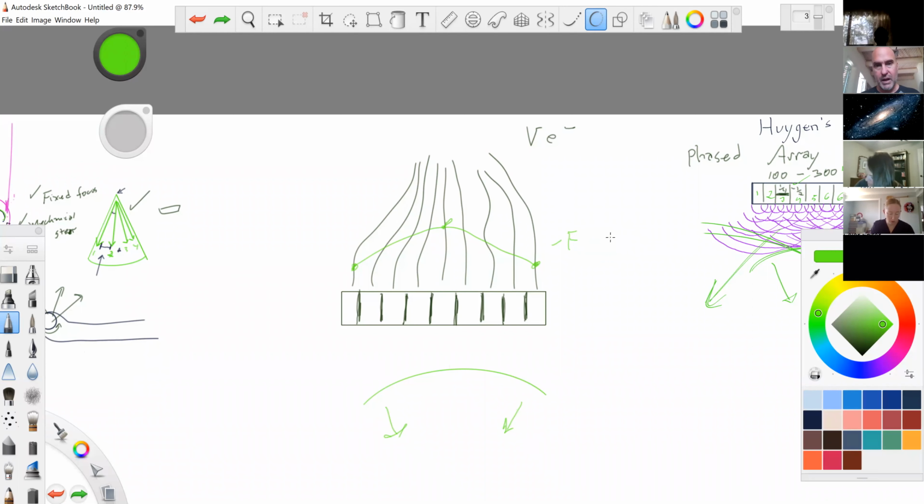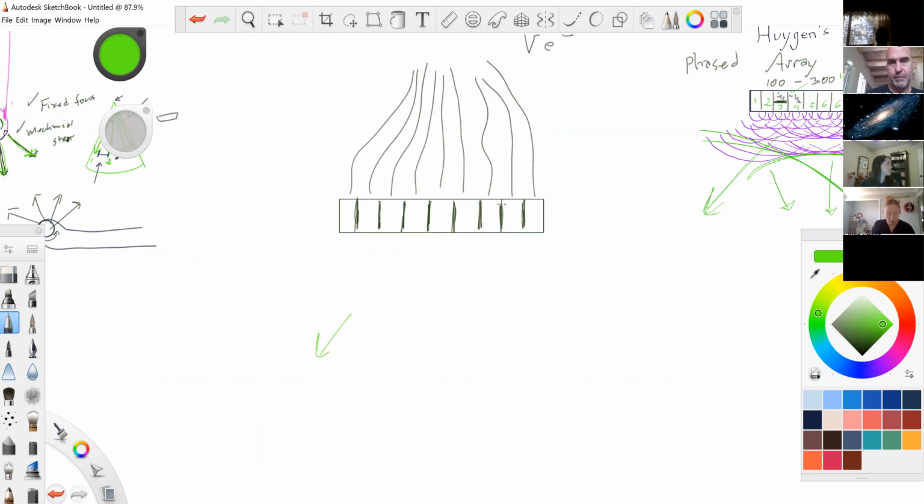On the same token, if we want the beam to steer in this direction, well, then we're going to stimulate this one first. Let's say unfocused.